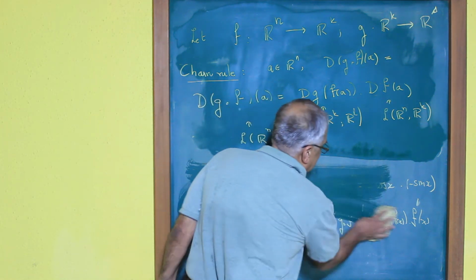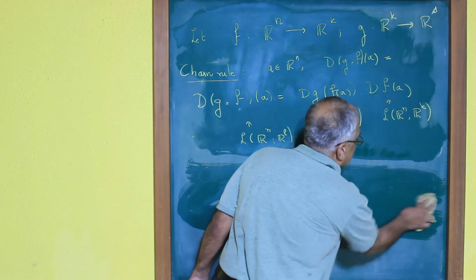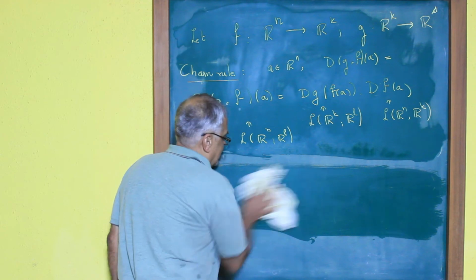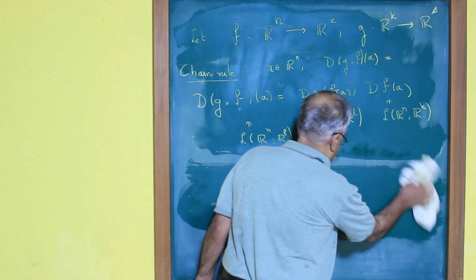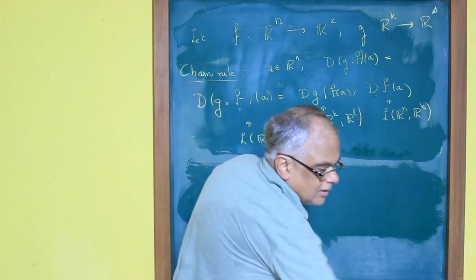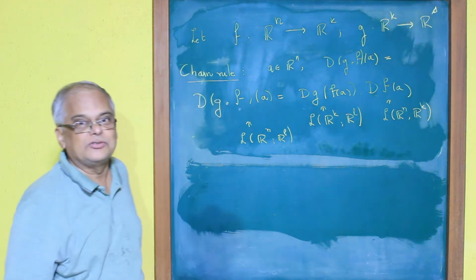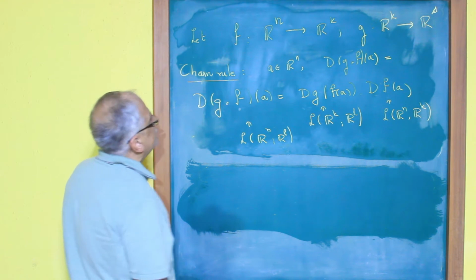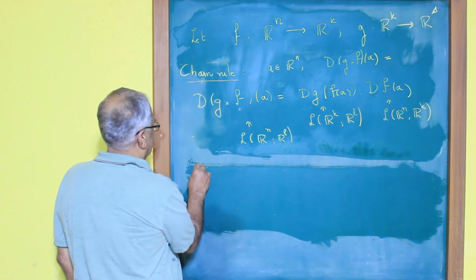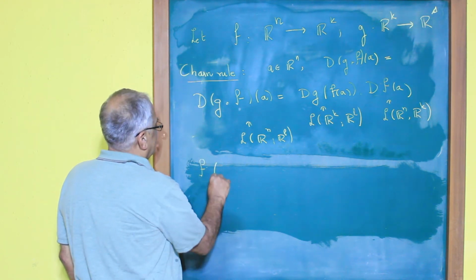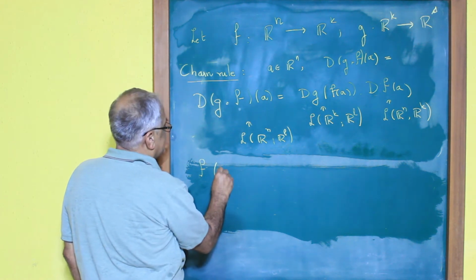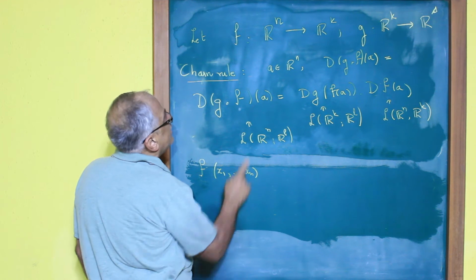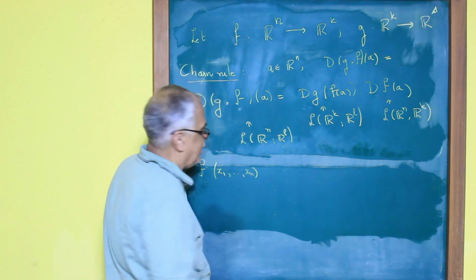It is useful to write this out also in terms of partials. What do I mean by that? So suppose f is on n variables, that is x1 up to xn, and it takes values in Rk.